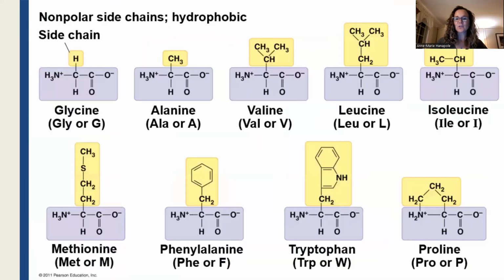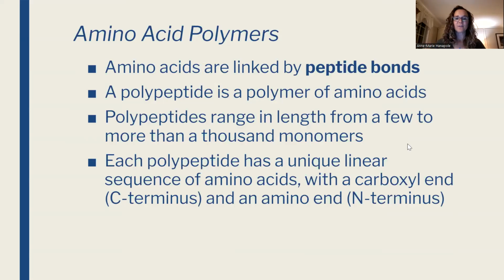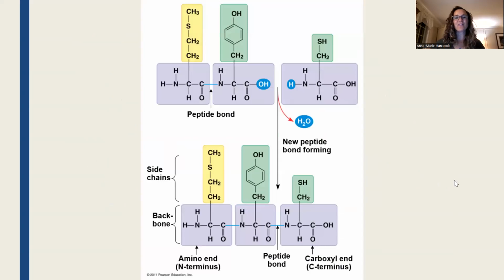So we go back to this picture here. If you imagine putting a whole bunch of those side by side, you've got an amino group on the left and a carboxyl group on the right. So there's going to be an N end and a C end to that chain once they are all put together. Let's see if we can find a picture. Yeah, here's a picture of them combining together. This is going to be your N-terminus over here because that's closest to the nitrogen end.